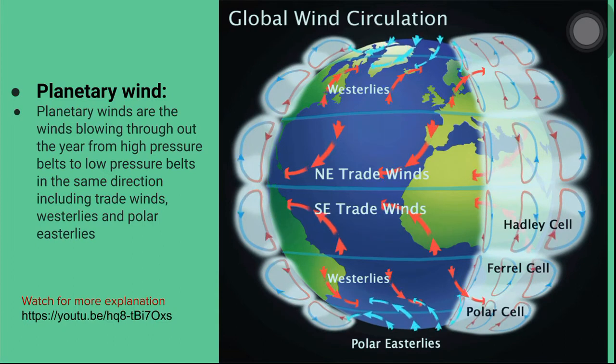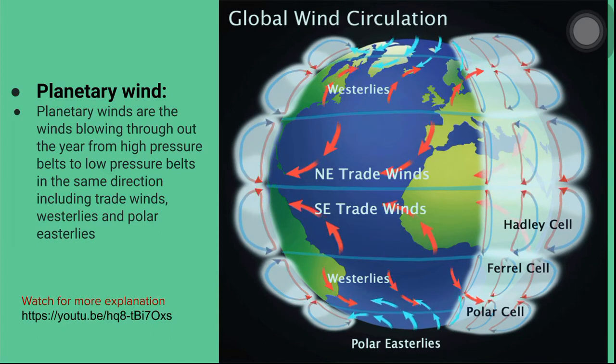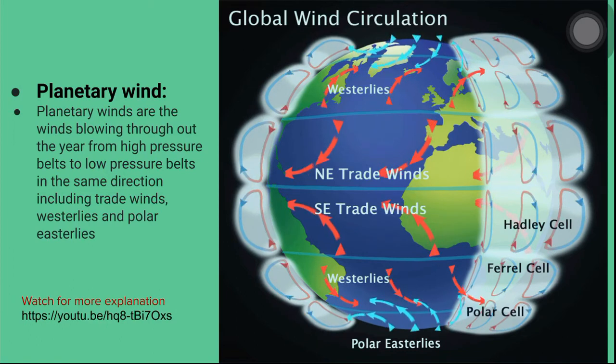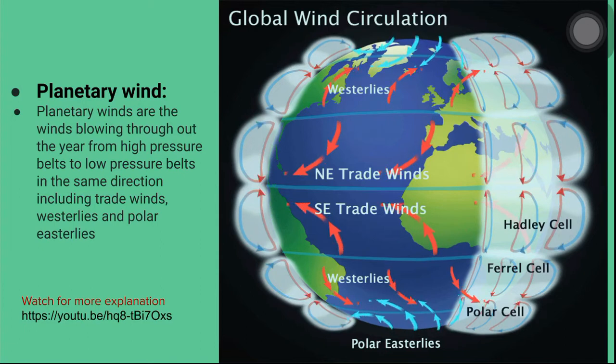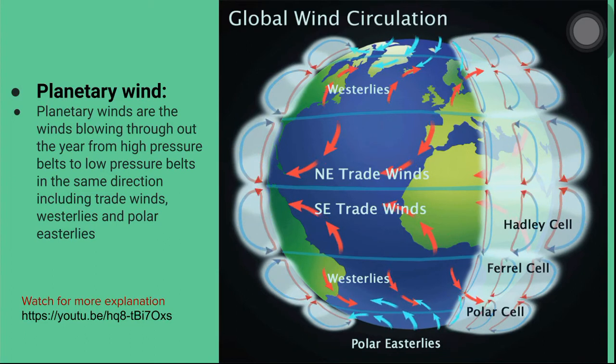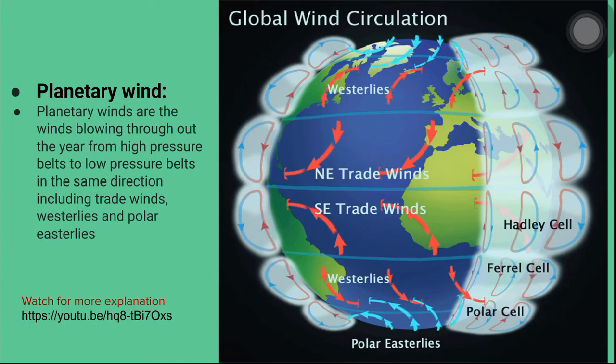Dear students, some of the cool sinking air in the Hadley Cell continues to move toward the poles through the circulation in the Ferrel Cell. Cell means the closed circulation of the hot air toward the cold temperature.